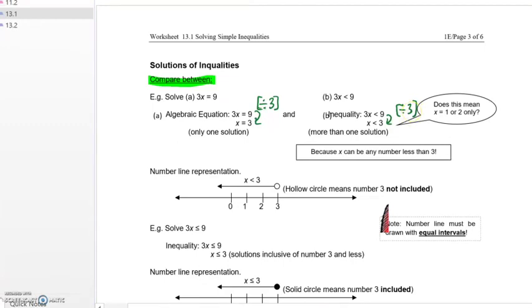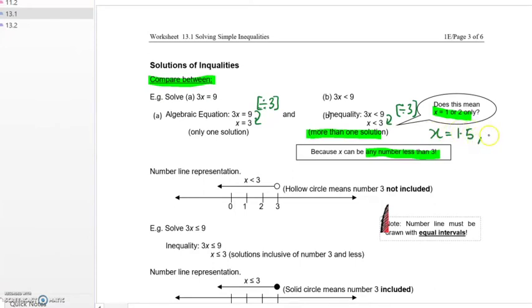And in this case, notice that there is actually more than one solution, right? Because there are a few numbers that can satisfy x is less than 3, right? For example, x equals to 1 or x equals to 2. But does it mean that those are the only cases? No, they're not. It can be any number less than 3. So you're also thinking about x equals to 1.5.